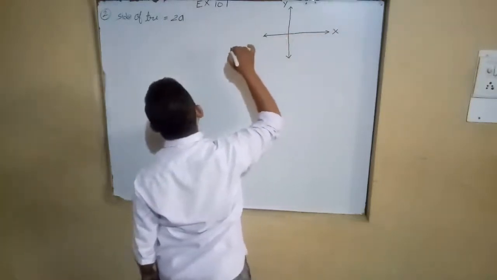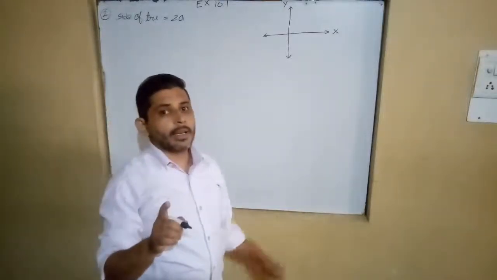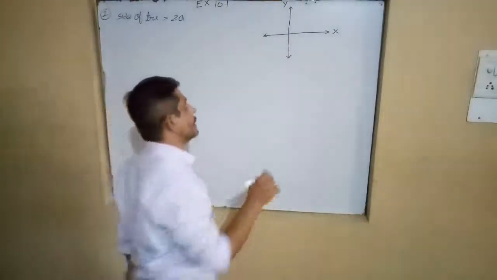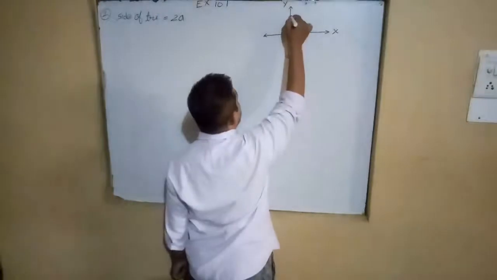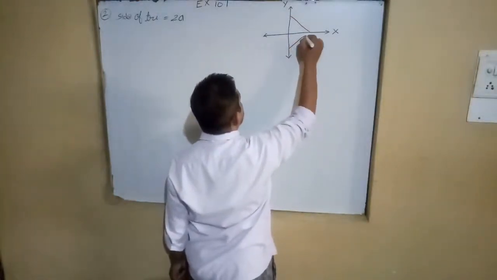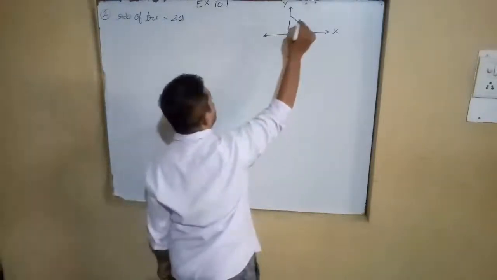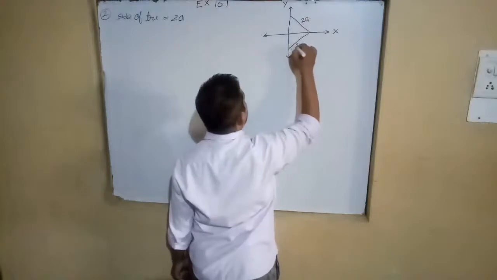Our equilateral triangle lies on the y-axis, like here. And its sides are what? 2a. So this is 2a, this is 2a.